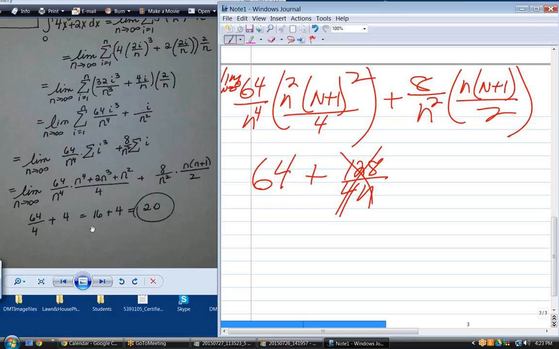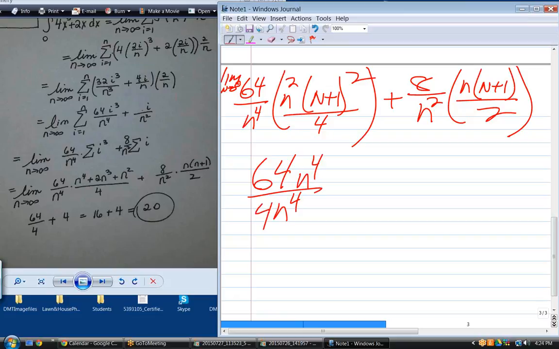So basically, we just did a bunch of math, and then it came out as 64. Here's what it came out as. Let me write it. 64 n to the fourth over 4n to the fourth, that's multiplying that by that.